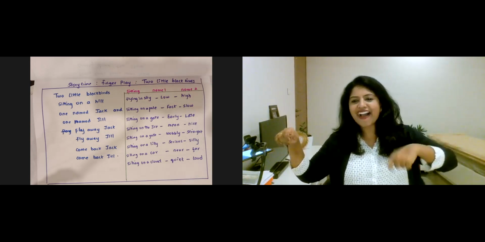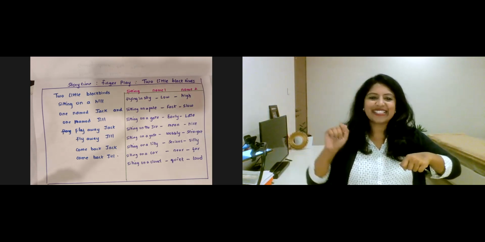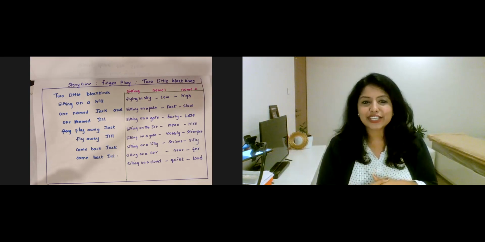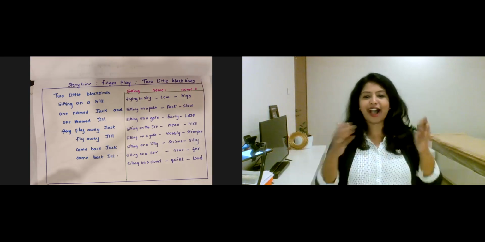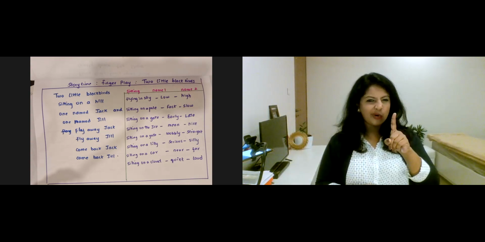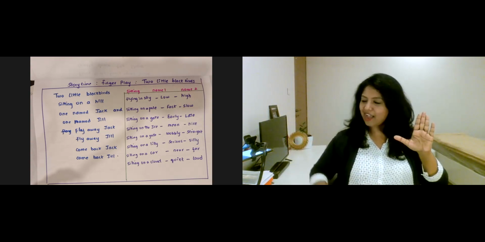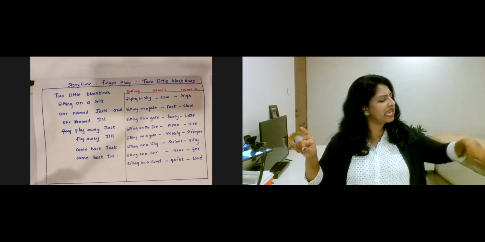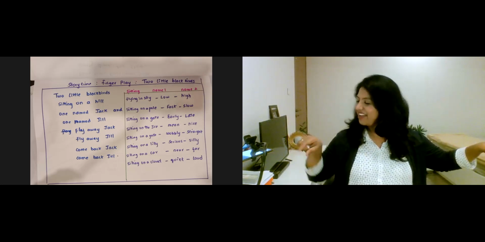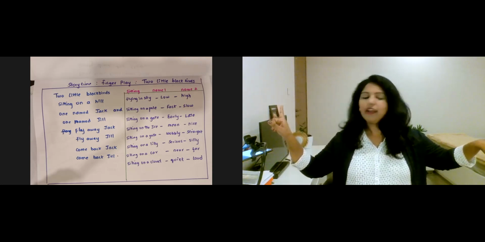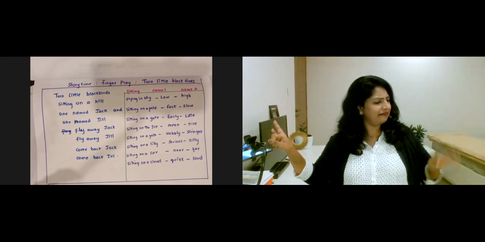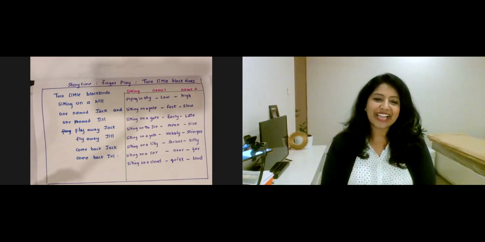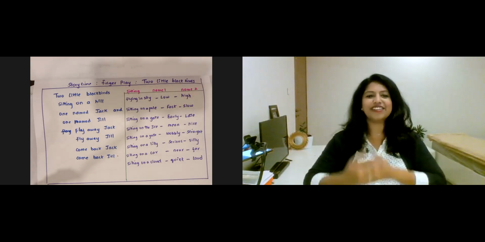Come back fast, come back slow. Two little blackbirds sitting on the ice. One was mean, the other was nice. Fly away mean, fly away nice. Come back mean, come back nice.